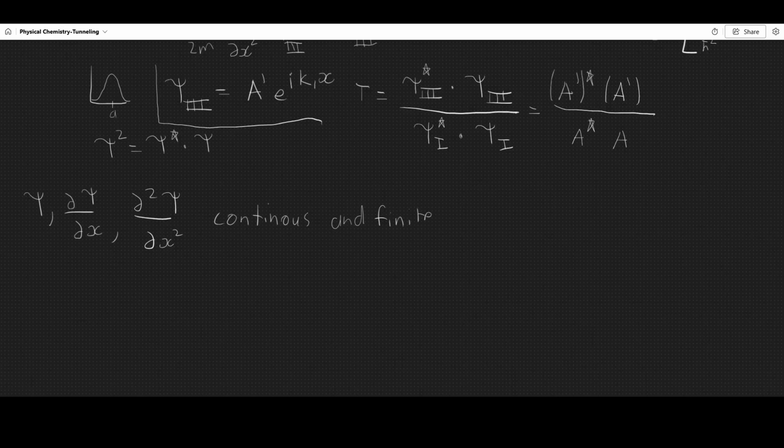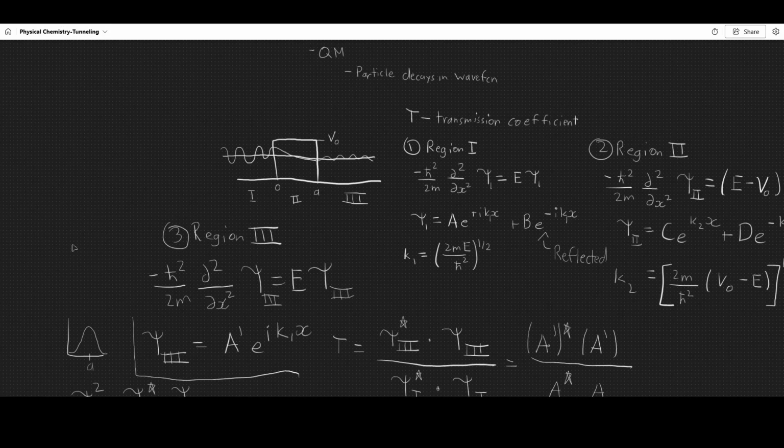So it has to have values and be continuous, and we can't see any abruptness. Basically, these values at the boundaries have to be equal.